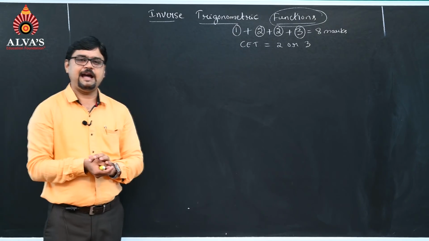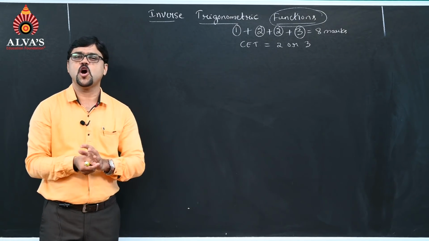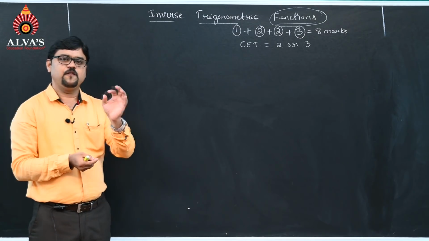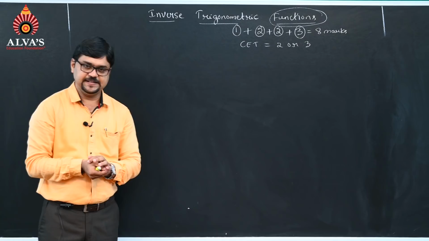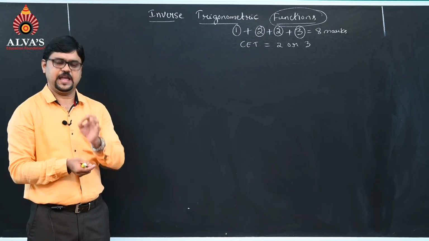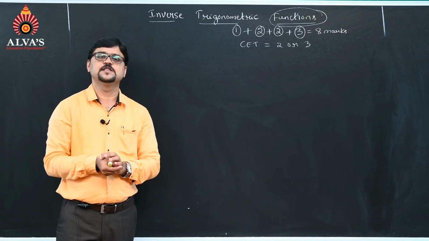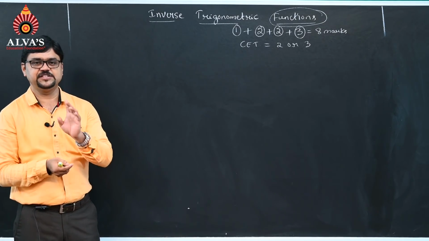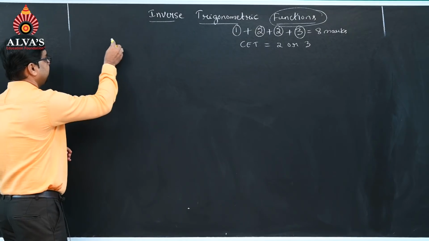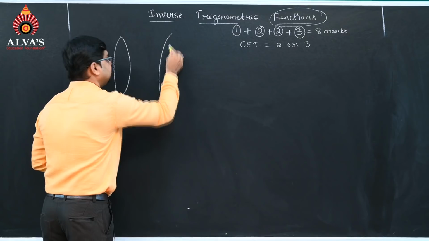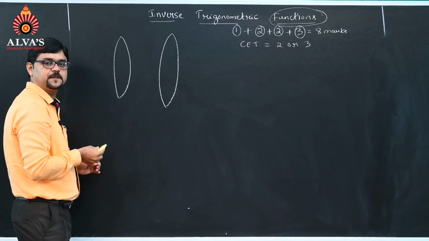Let A and B be two non-empty sets. A relation f from A to B is said to be a function if every element of A has one and only one image in B. If you take the arrow diagram, it will give a clear picture about the function.